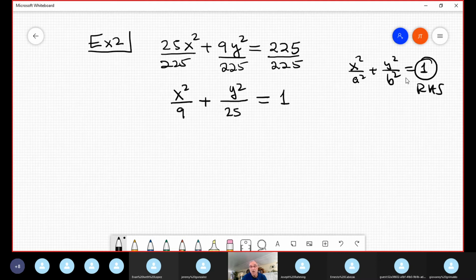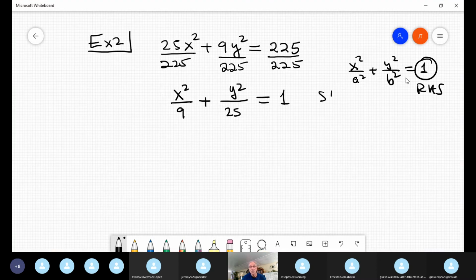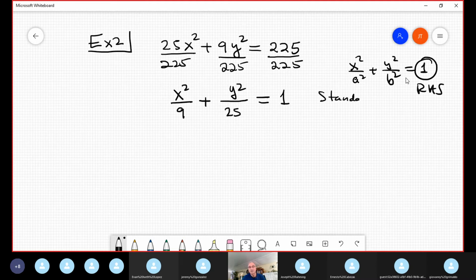And on the right hand side, one. Wow, and you have now the standard form. You see the transformation, guys? This is the very first kind of transformation. We study another because sometimes it's not too easy.